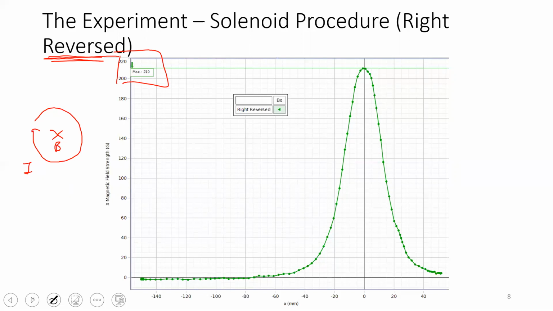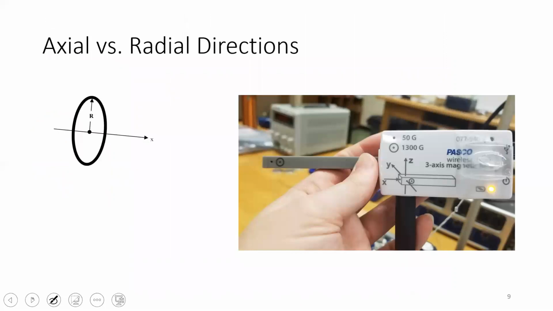All right. So then we want to talk about axial versus radial directions because we get to this radial field procedure. So it's helpful to look at our sensor here and to look how it works. So our sensor is saying that the X direction that I talked about as being our axial direction is indeed the X direction on our sensor, right?